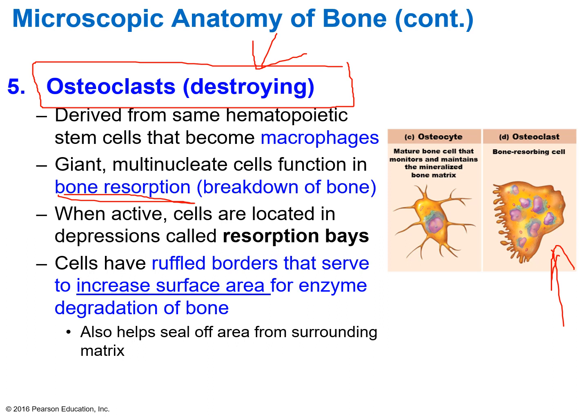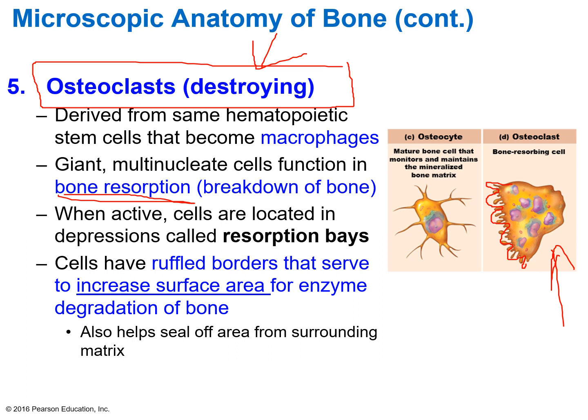It does so by utilizing its ruffled border, which increases the surface area that the osteoclast has contact with, and it secretes an acidic solution that will literally start breaking down and melting down the hardened matrix of the bone. So your osteoblast cell will build, and then your osteoclast cell will destroy.